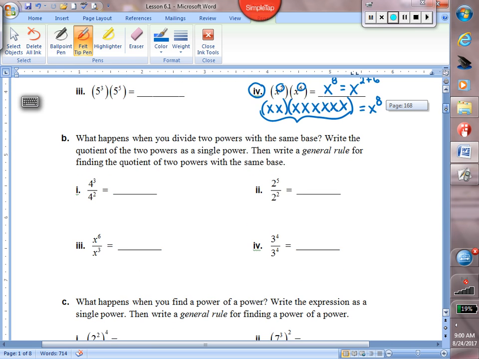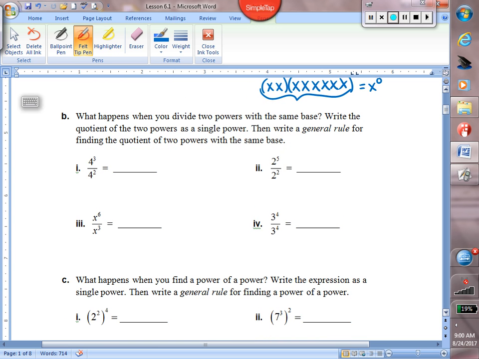Our second property, if we go to part B, involves division. If we look at number 1, I'm going to use the same technique I did in letter A. I'm going to expand out what 4 to the third means and what 4 to the second means. So 4 to the third means 4 times 4 times 4. 4 to the second means 4 times 4.